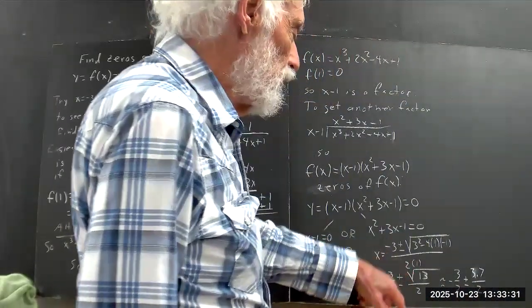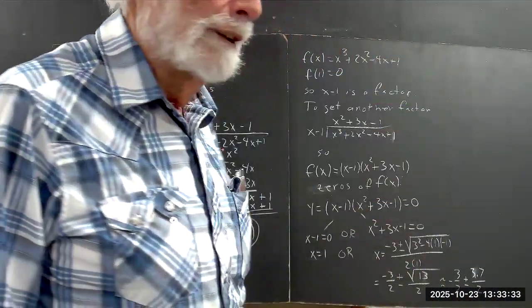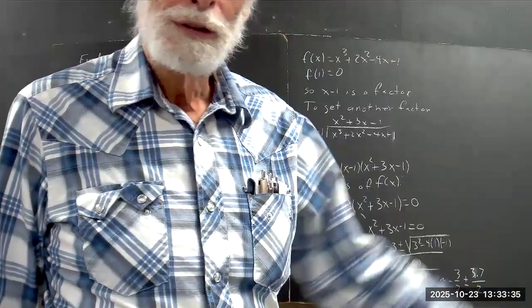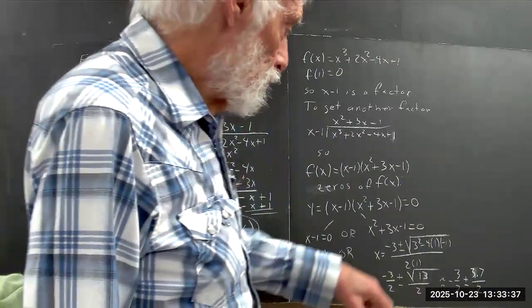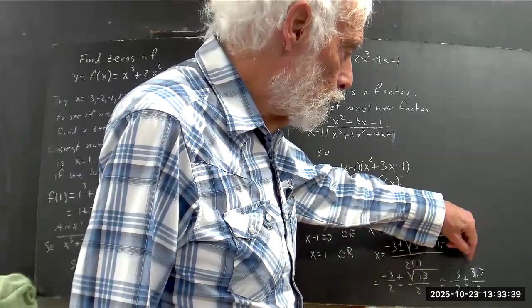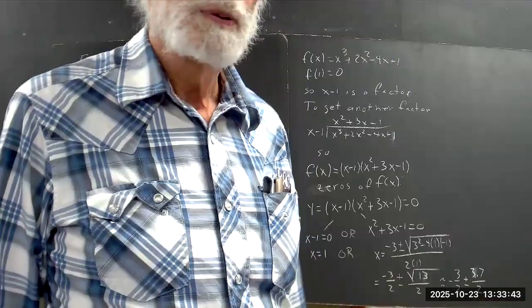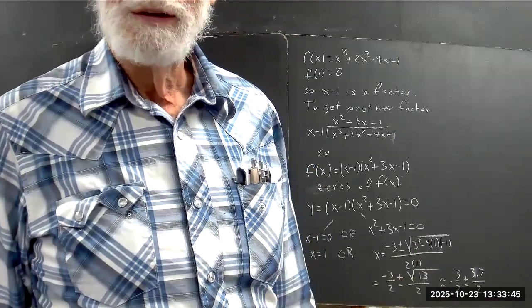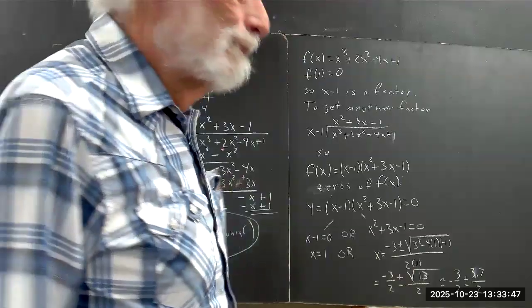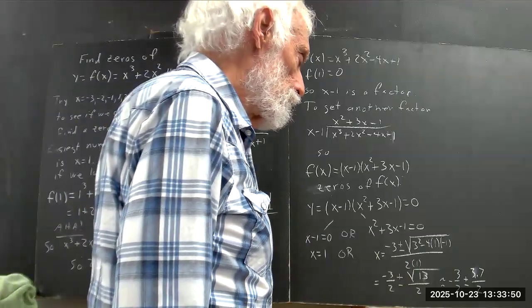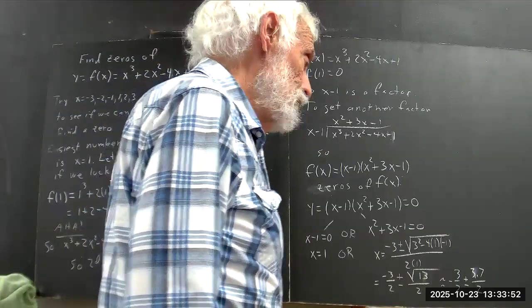Yeah, 13 is between 9 and 16. It's somewhat closer to 16, so the square root is somewhere between 3 and 4, somewhat closer to 4. So I think 3.7 is probably right to the nearest tenth. Could be 3.8. I don't think it's 3.6, maybe. Okay.